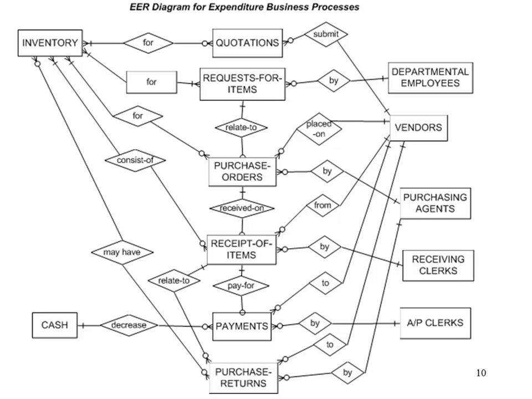So you have three more agents: departmental employees, purchasing agents, and accounts payable clerks. Can you say it again? So you have purchasing agent and what?